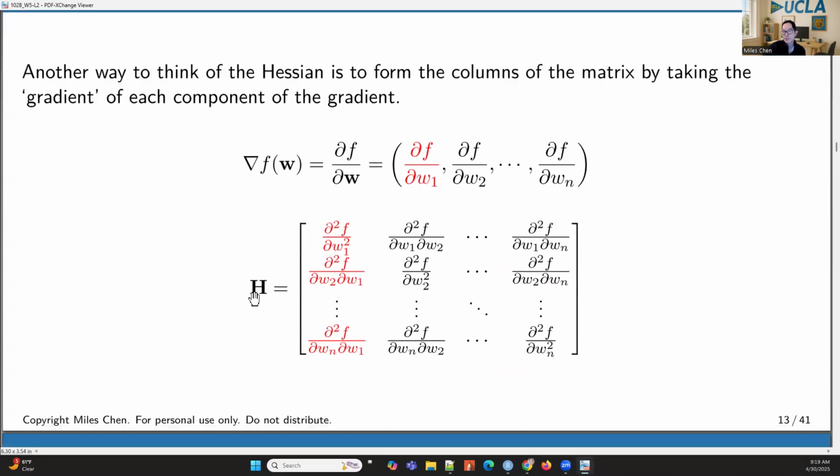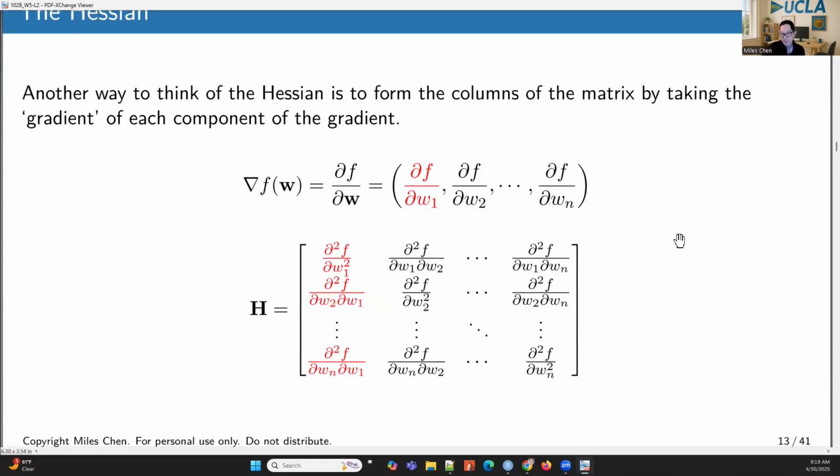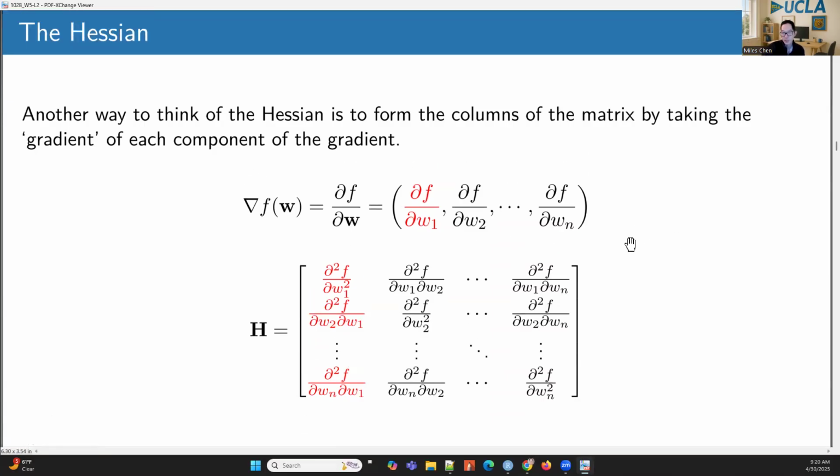So this is kind of the idea of taking the second derivative and bringing it to the multivariate version. Okay, so this is called the Hessian matrix.